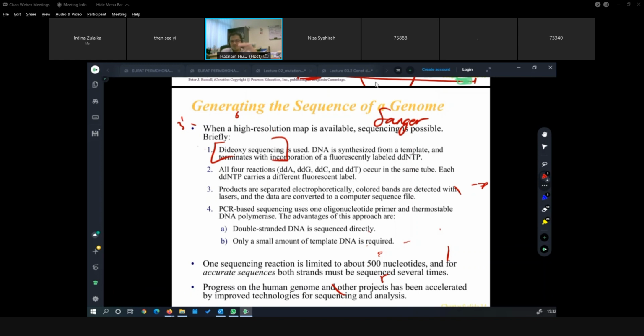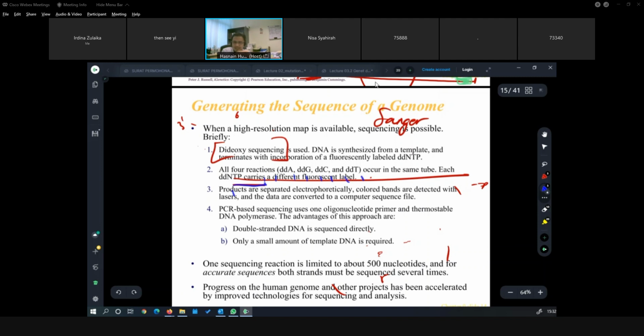So eventually you have a collection of increasing size. Let's say this is the DNA template, and if I grow it, it goes increasing in size. The difference is only one nucleotide, one after another.